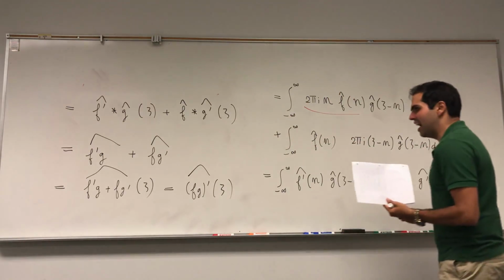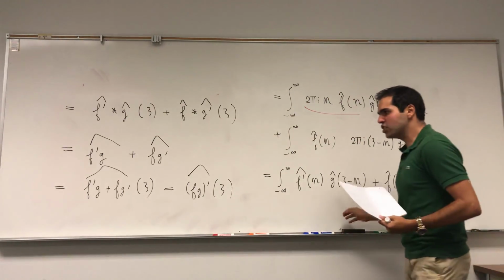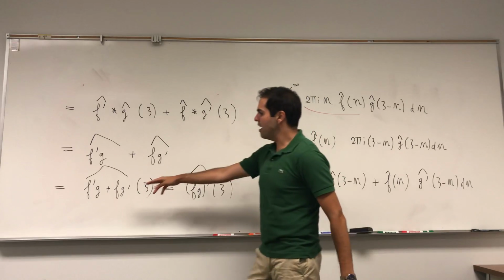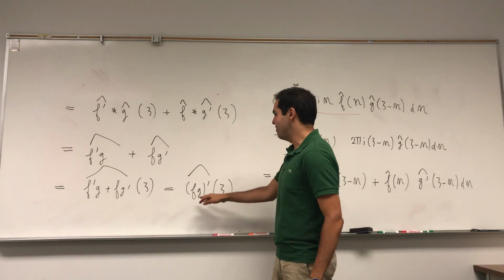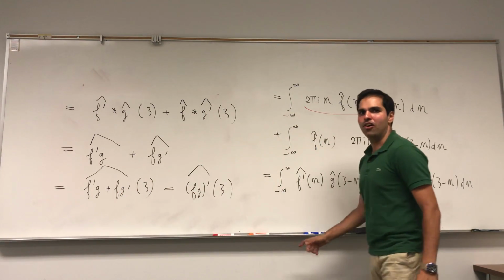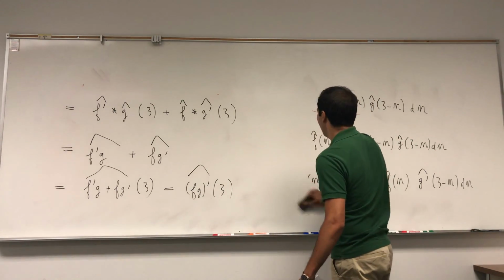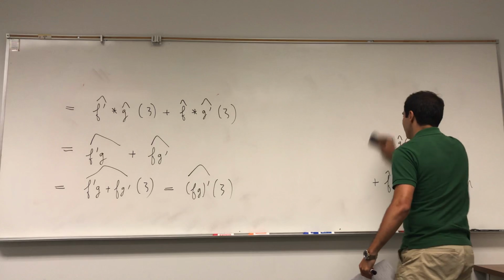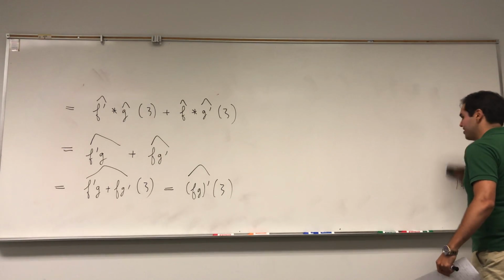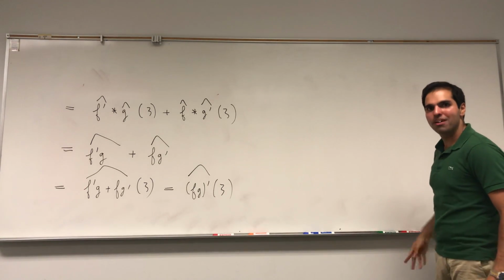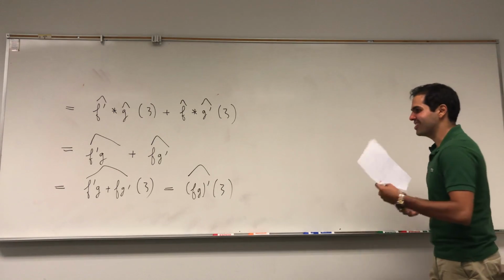And so what do we have? We have that the Fourier transform of f prime g plus f g prime is the Fourier transform of (fg) prime. And one thing to know about Fourier transforms is if two functions have the same Fourier transform, then they must be the same function.